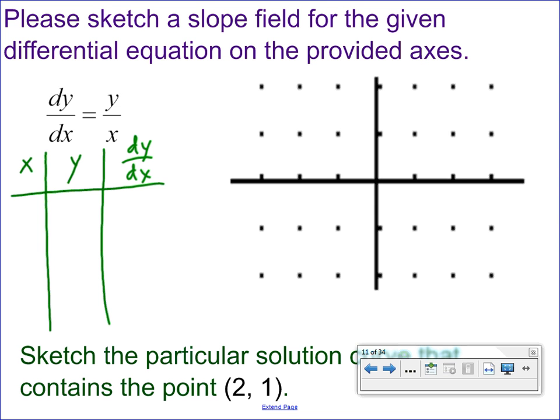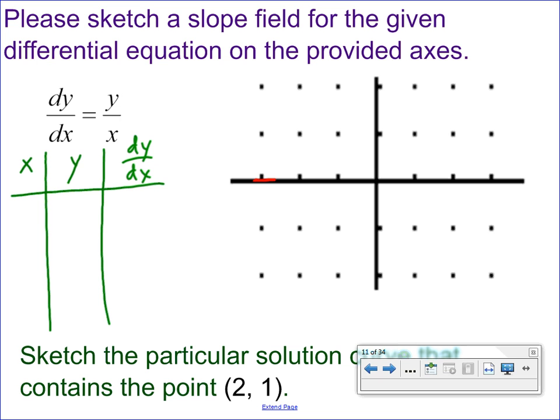For what values of x and or y are my slopes 0, that is, horizontal line segments? Whenever which coordinate is 0 do I have a horizontal slope? When y is 0, but x isn't 0. I've got undefined when x equals 0. So whenever y is 0, I've got a horizontal line segment, except when x equals 0 as well.